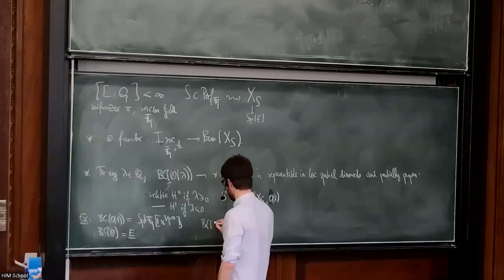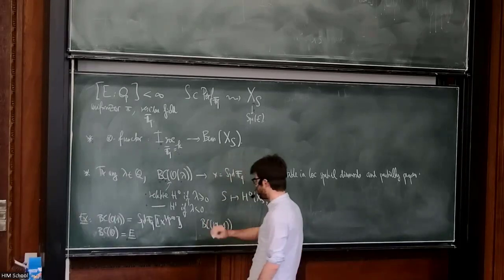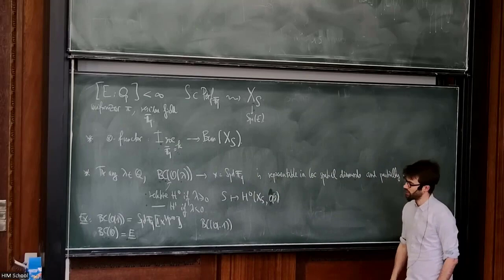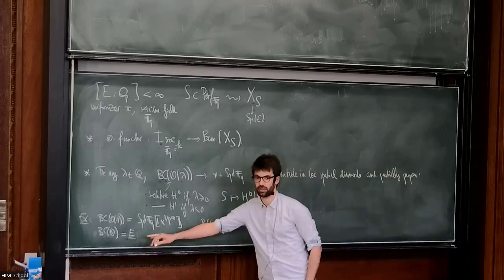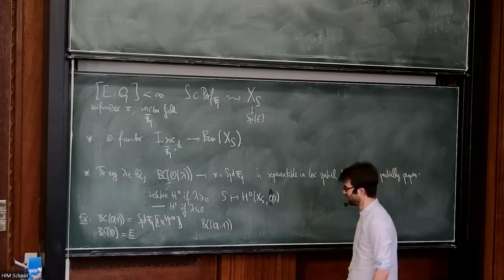And the last example we discussed was the example of the Banach-Colmez space of O(-1). And for this one, to give an explicit presentation, contrary to these two cases, I somehow need to first fix a perfectoid base.